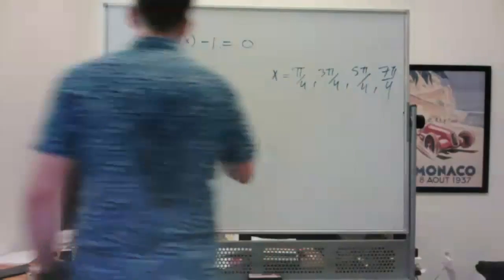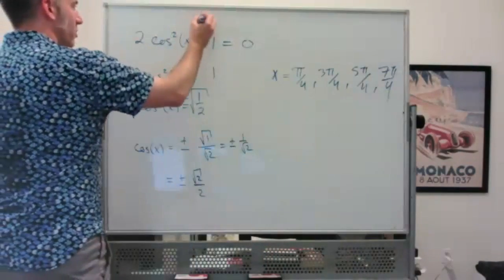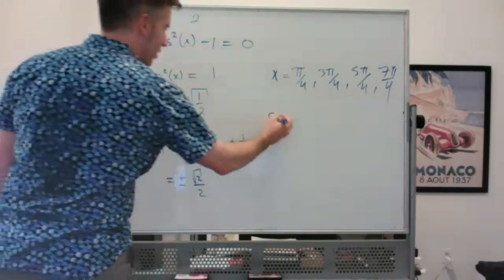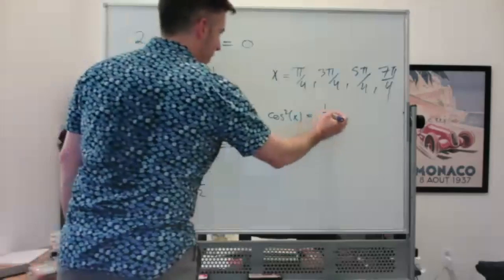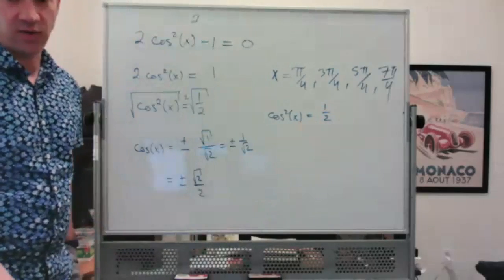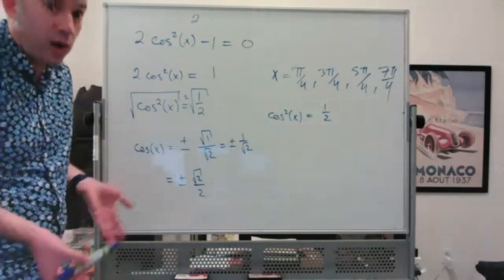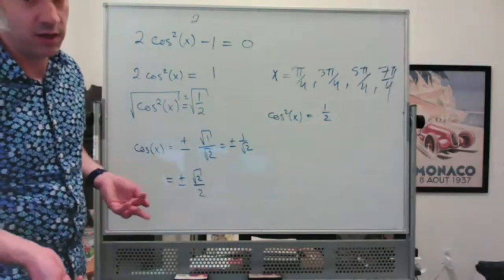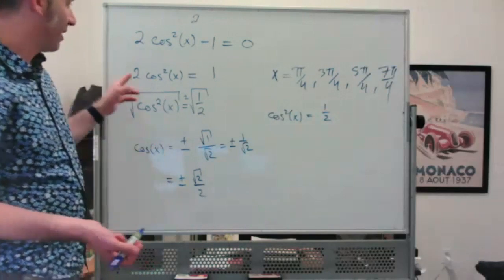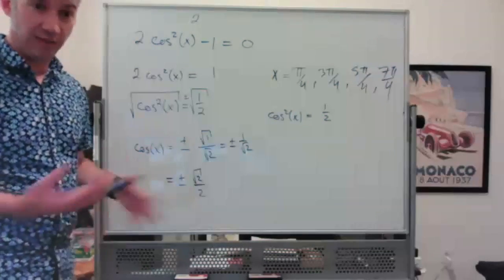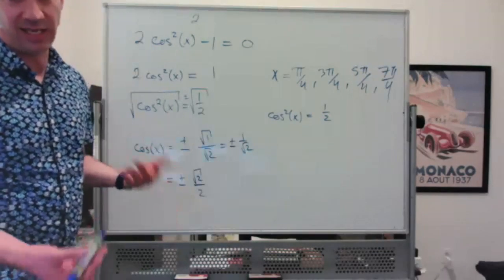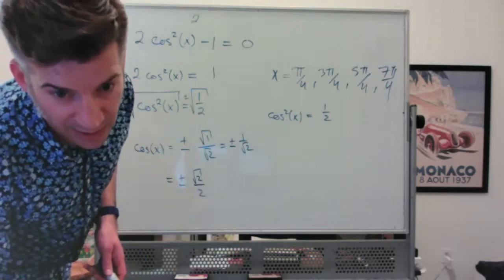Because we really want cosine squared of x to equal 1/2. And it doesn't matter if cosine is negative or positive, because when you square it, it's going to become positive. So whenever you're solving a trig function squared equal to something, you typically get answers in every quadrant, which is nice. How did I get the square root 2 over 2?